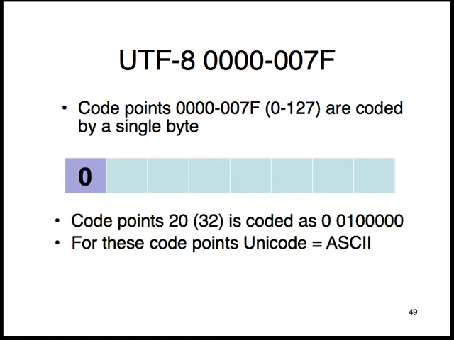Okay? So here, the hexadecimal code point 20 or 32, which I said earlier was a space. So 32 in binary would be 0, 1, and then 0, 0, 0, 0, 0. Okay? So it's 0, 1, 0, 0, 0, 0, 0, and there's a 0 in front of that.